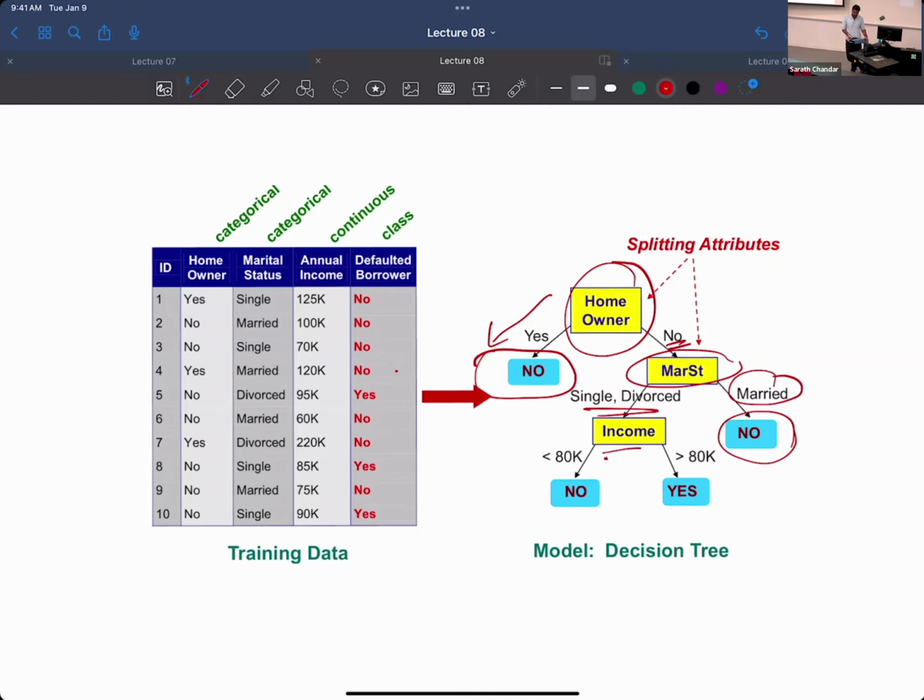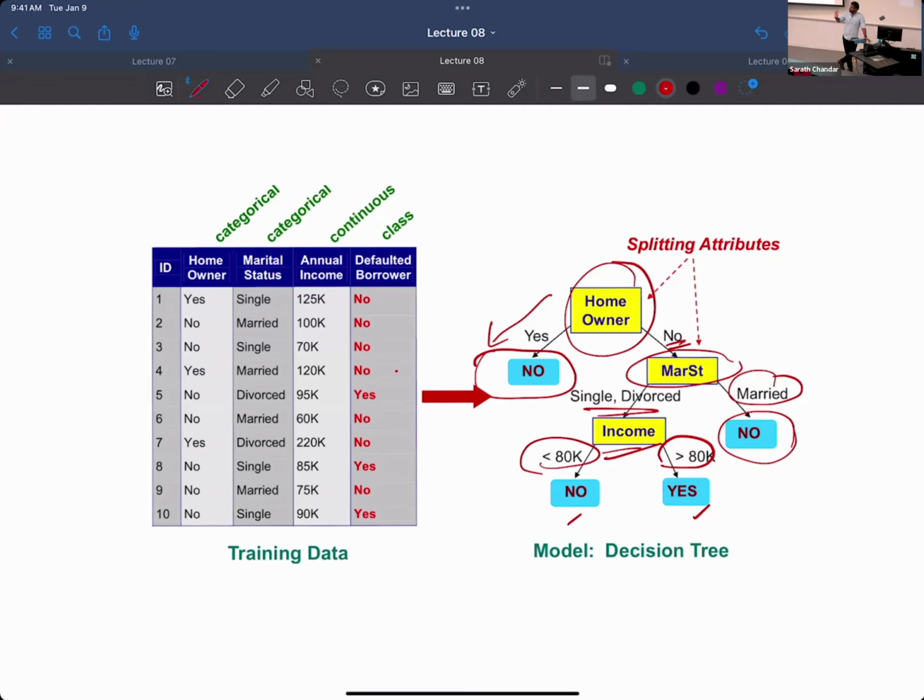So then you need to look at their income. And if their income is greater than 80K, then, well, actually it says that if their income is greater than 80K, there's a chance that they could default on the loan. If it is less than 80K, they won't. Some interesting way of classifying the applicants, right?